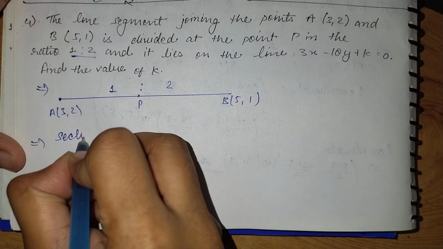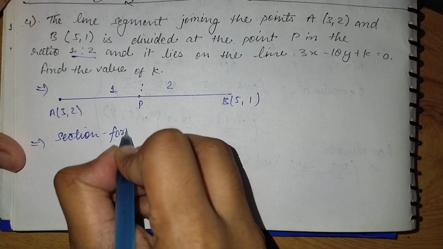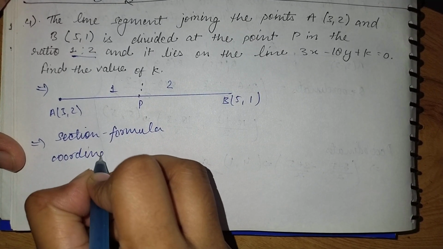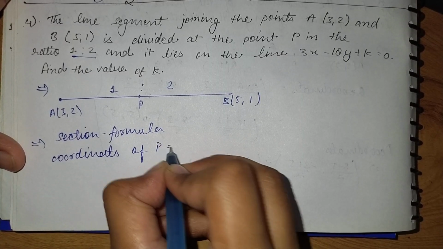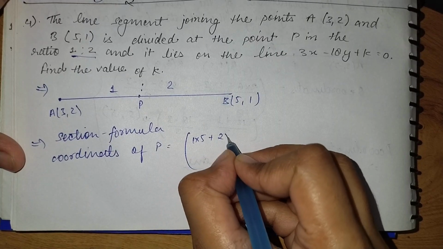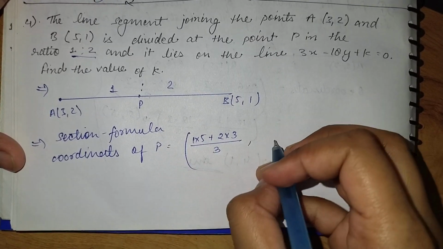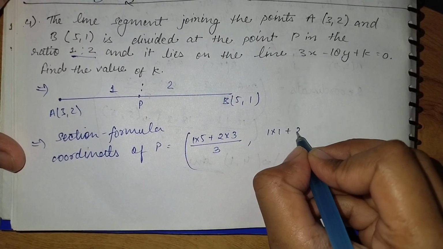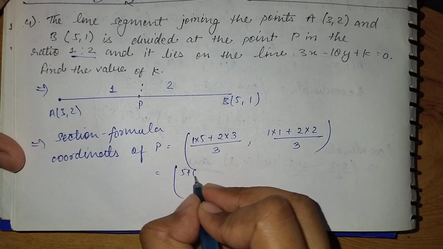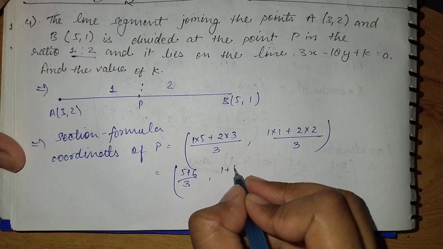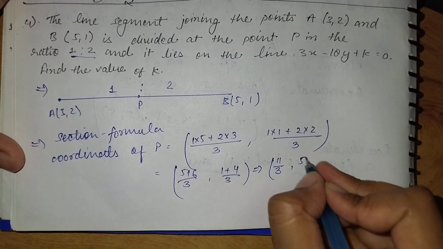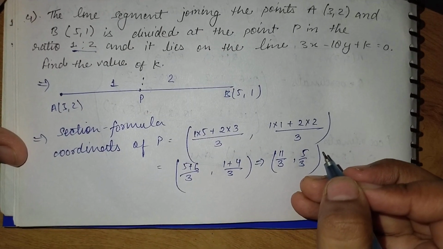Then by applying the section formula we can get the coordinates of P equal to (1 into 5 plus 2 into 3) upon 3, then (1 into 1 plus 2 into 2) upon 3, equal to 5 plus 6 upon 3, 1 plus 4 upon 3, equal to 11 by 3, then 5 by 3. So these are the coordinates of P.